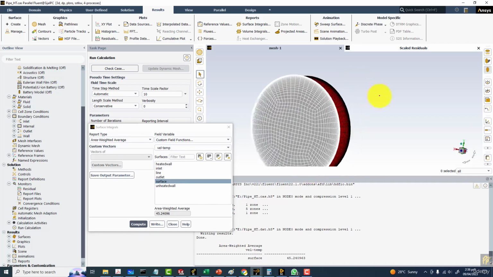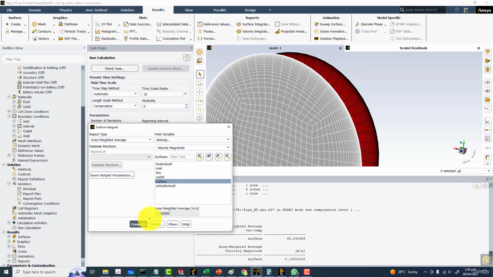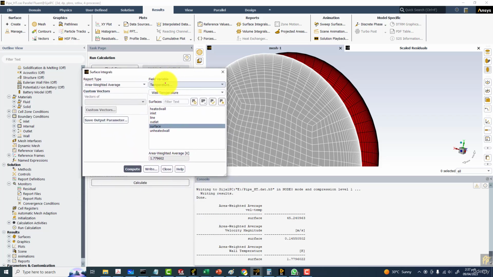Then on the circumferential line at the same location, we choose the velocity and compute. Then we use the vertex average. For the temperature we are going to use the vertex average, but you can also use the area weighted average. So we determine the wall temperature and compute. Sorry, this is divided by the area, so we have to multiply by the area.